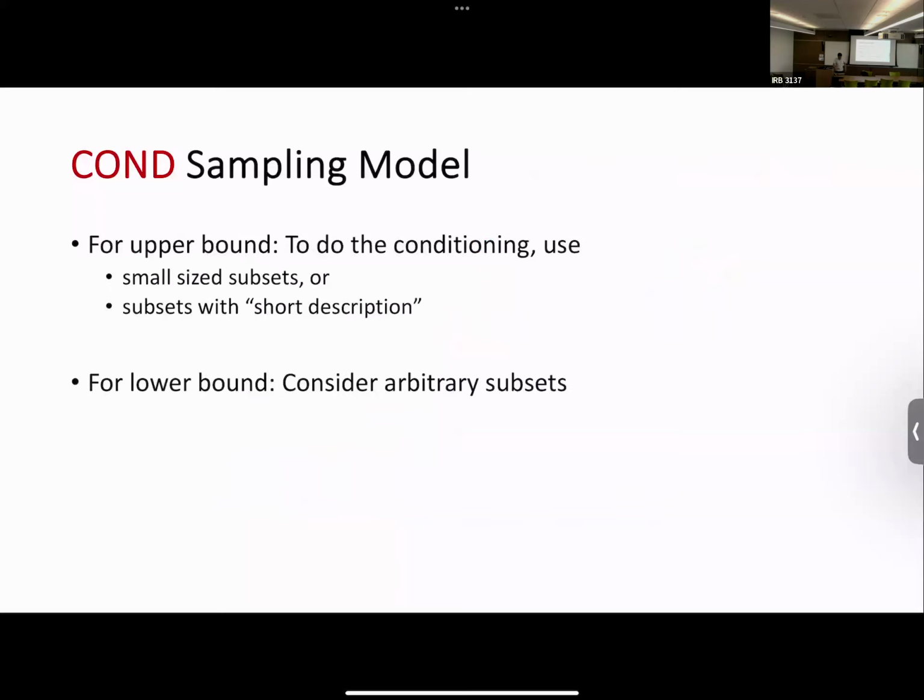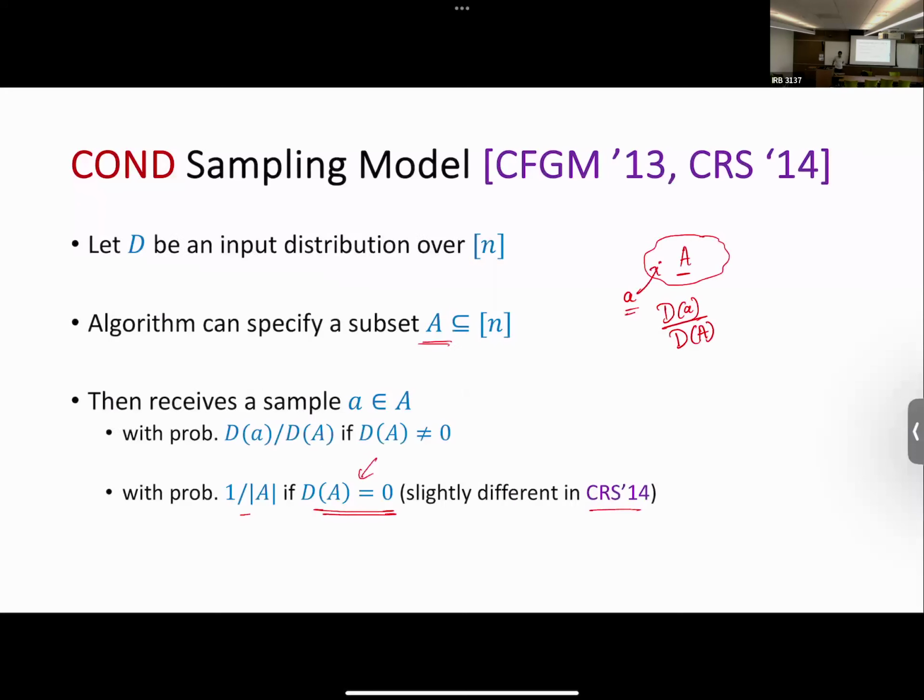Okay. So now, what are these subsets? I mentioned that the algorithm can specify this subset for conditioning. If you think from the upper bound side, where we want to design an efficient algorithm, then definitely this subset should not be an arbitrary subset.